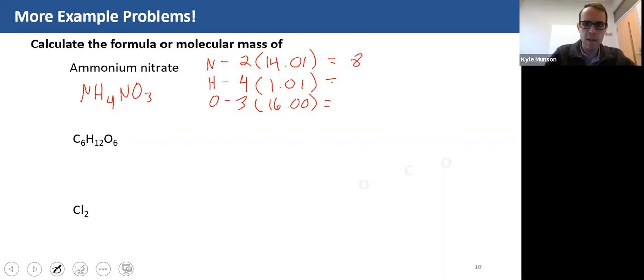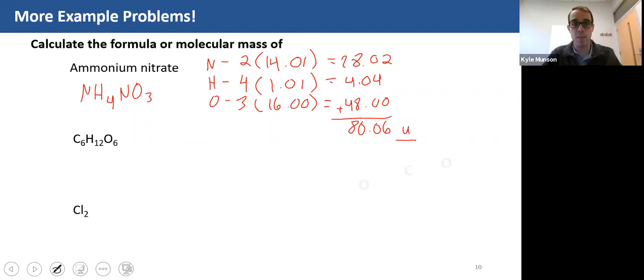So here I get 28.02, 4.04, and I get 48. Okay. I add all those up and I get 80.06 U. And that's the unit we're going to be using here when we're talking about formula mass or molecular mass. Okay. So hopefully you got the same answer.